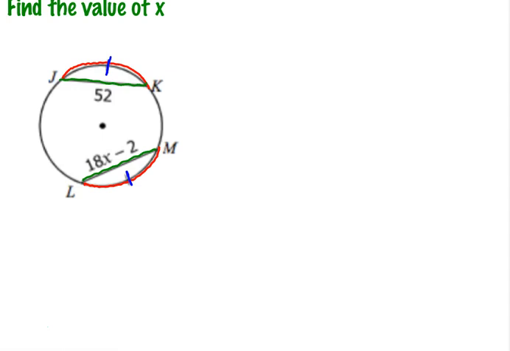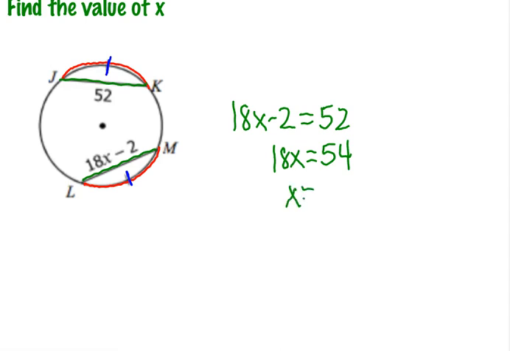So again, I can just put 18x minus 2 equal to 52. And we have a pretty simple problem. So I can add my 2 over, divide out, we get x equal to 3.